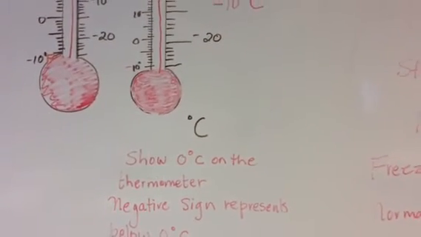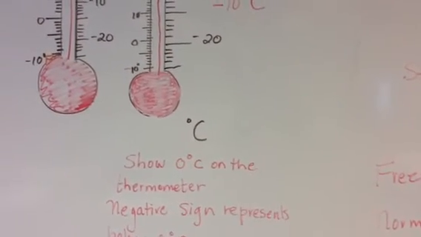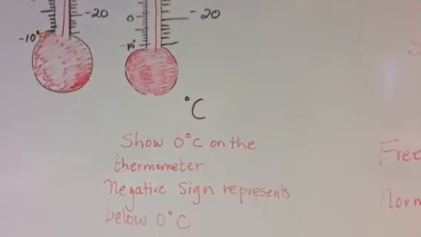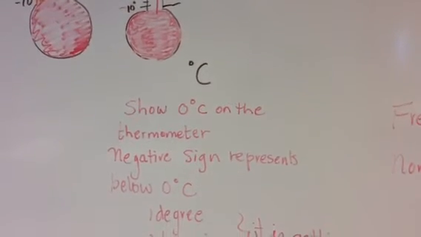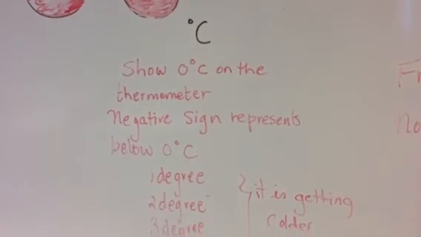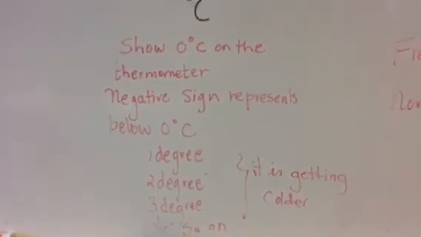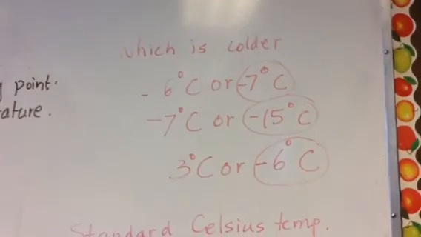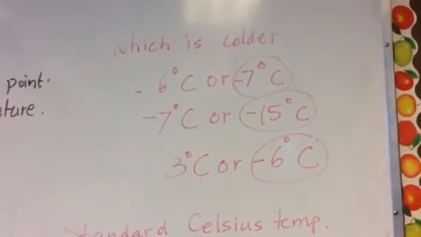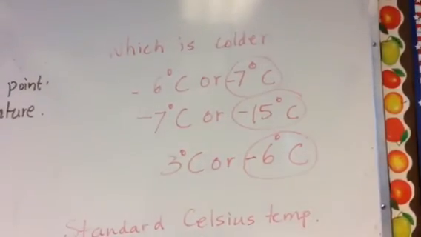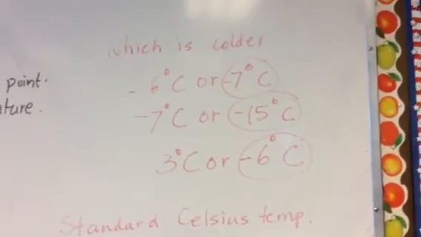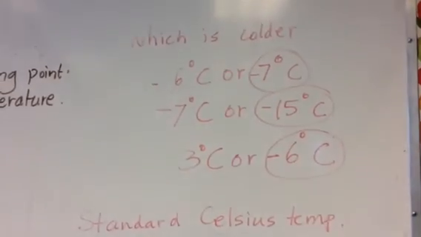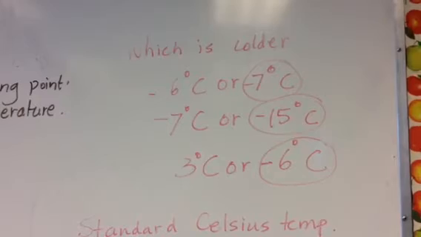The 0 degrees Celsius on the thermometer, with the negative sign, represents below 0 degrees: -1 degree, -2 degrees, -3 degrees. It's getting colder. And so which is colder, -6 degrees Celsius or -7 degrees Celsius? -7 degrees Celsius will be colder. Let me say it again, -6 degrees Celsius or -7 degrees Celsius.